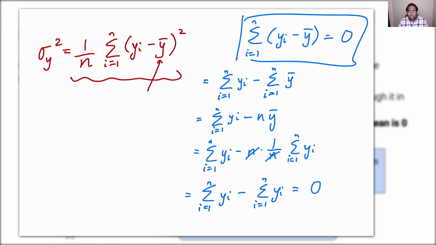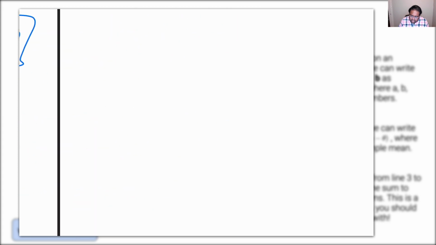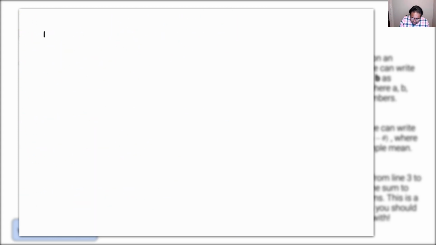And you know from the last video that y bar is the value of theta that minimizes average loss, but we will take a look at this in more detail momentarily. But for now, let's go back to the task of actually determining how and why the mean minimizes average loss.